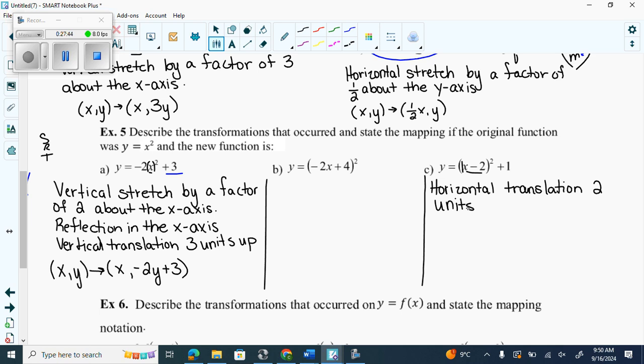So if this is x minus 2, it's 2 units what? Right. Vertical. What does vertical always do? Stays the same. Vertical is your best friend. Vertical does not change. You throw a party whenever anything is vertical. So vertical translation, 1 unit what? Up.